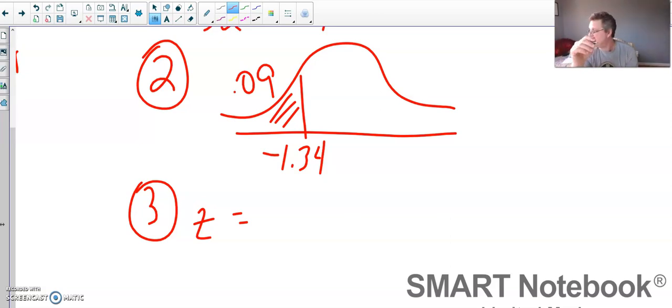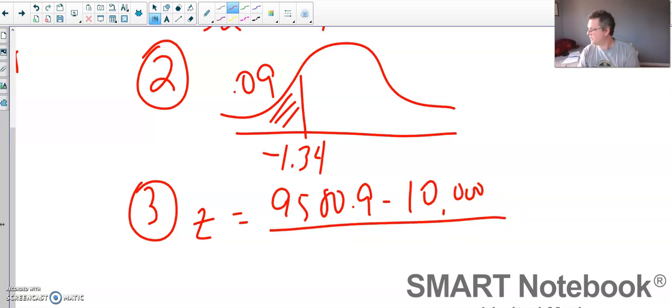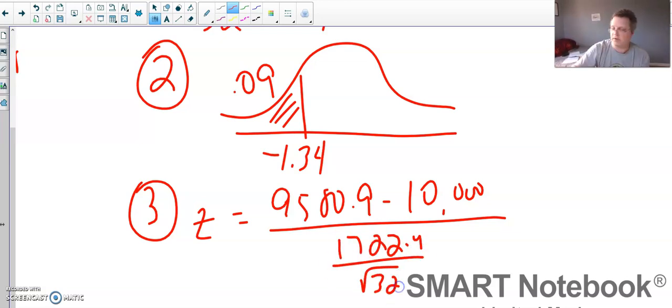So my mean is 9580.9 minus the 10,000, all over my standard deviation, 1722.4, all over the square root of 32. That was my n. Now remember, this is a Z value, and Z values always round to 2 decimal places. Negative 1.38 is my Z value.